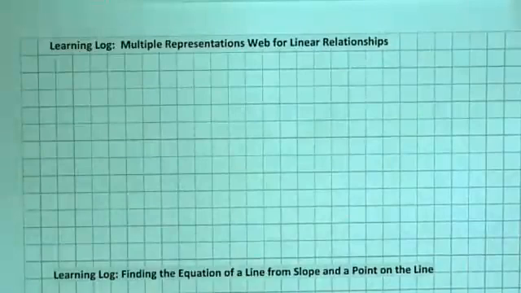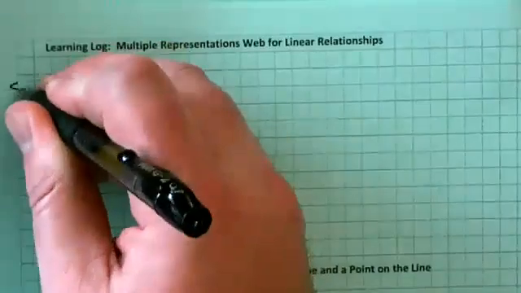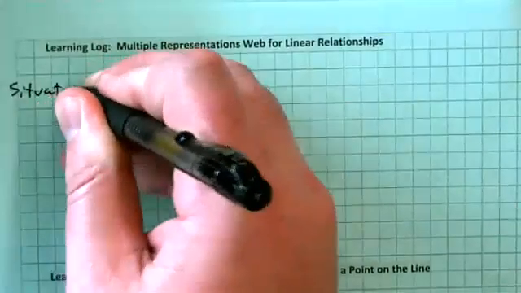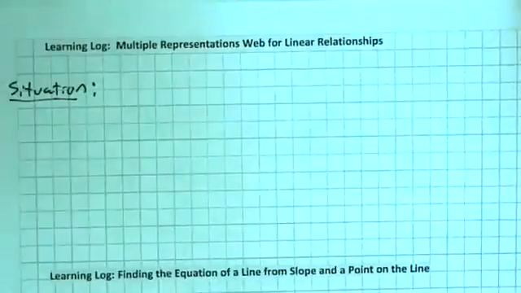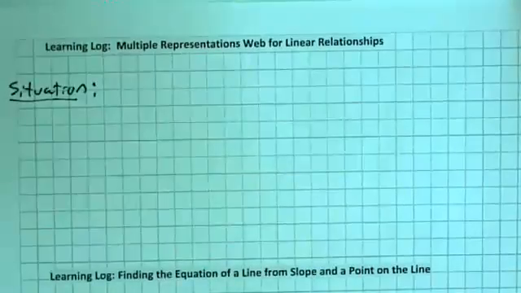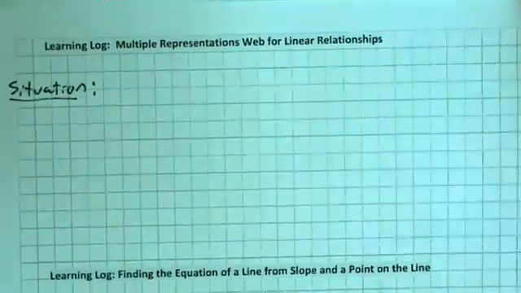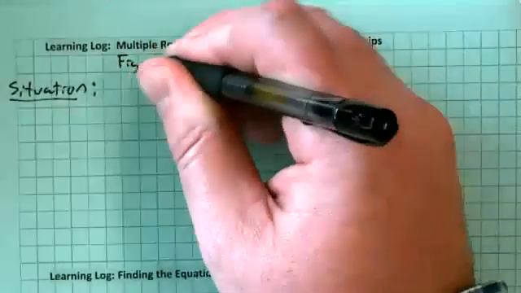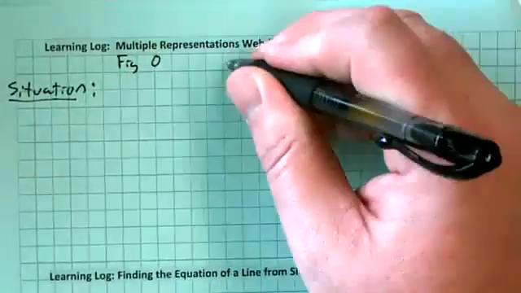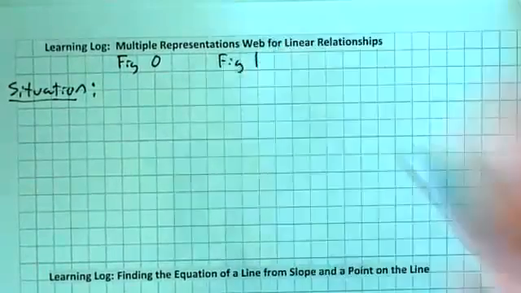So we talked about 3 representations today. Let's make a situation first. And the situation we dealt with today were tile patterns. I'm going to say let's stick with that and make ourselves a new tile pattern. So I'm going to make up a new one, figure 0 and figure 1 and figure 2 and so on.